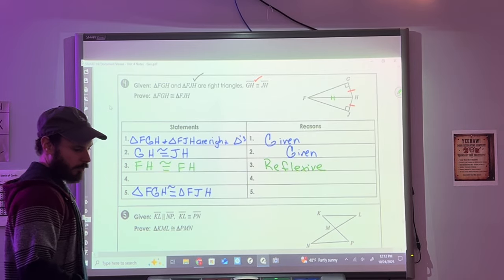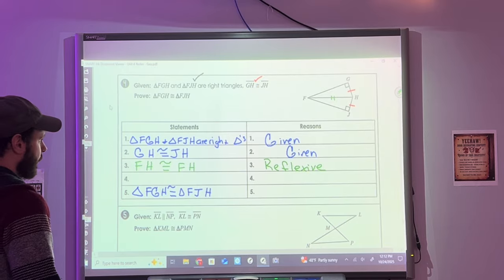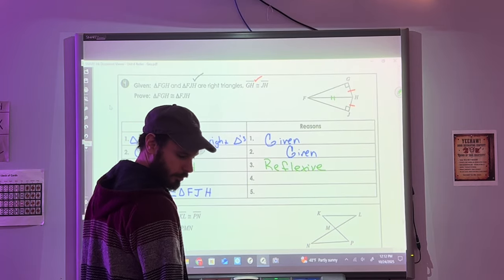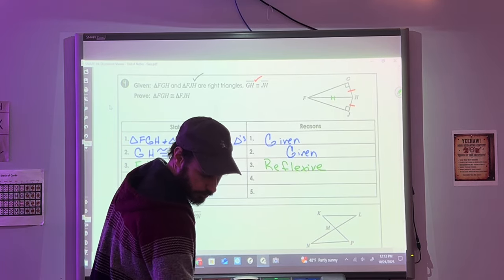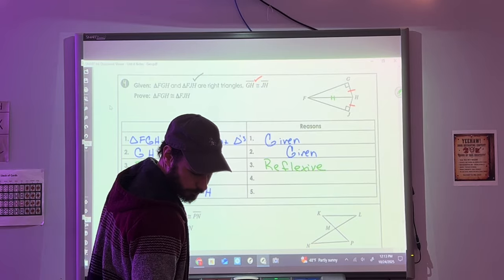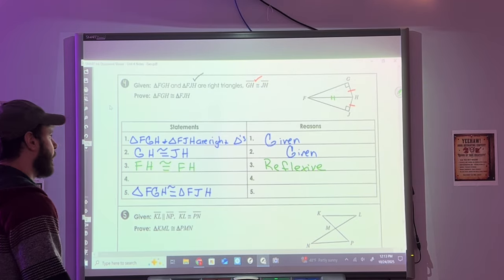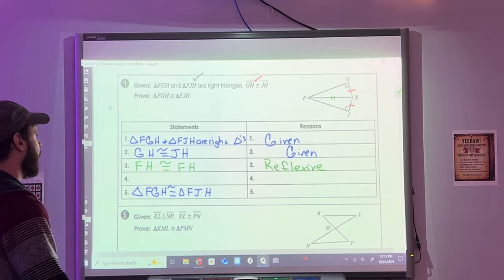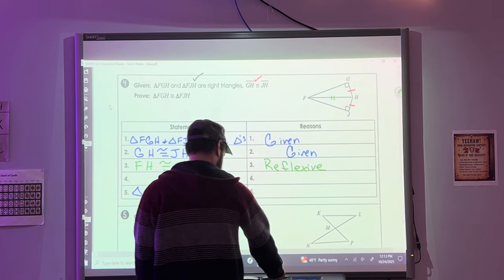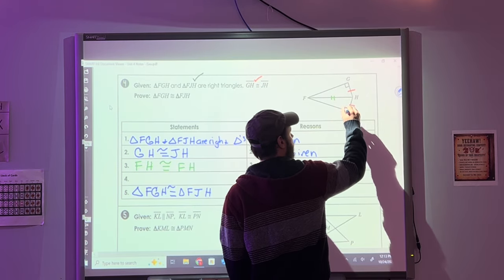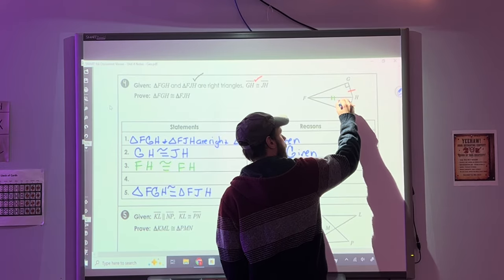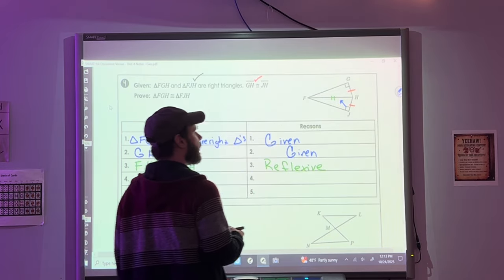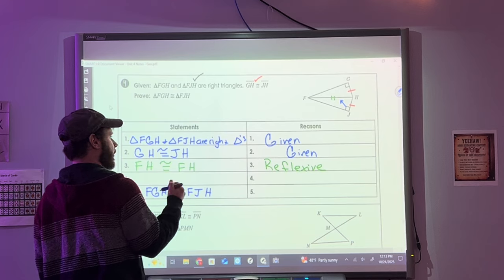Okay. Well, what I have here, I think that's enough, right? I'll check quickly on my notes. Well, I don't have that on this part. Okay. Well, I think that I actually have enough information. I don't think I need row 4 because I've already built, I have a hypotenuse that matches and I have a leg on each one, right?